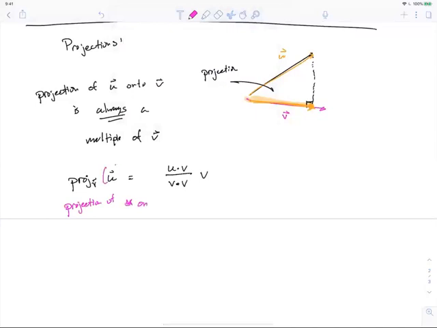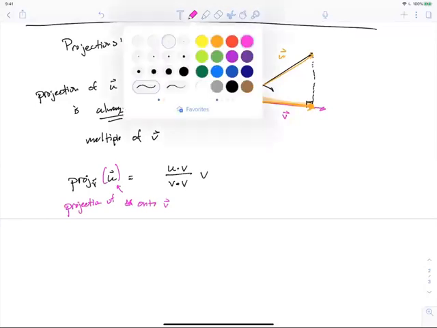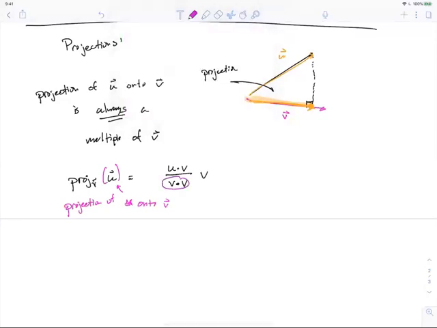So u is inside the function, so v is fixed. But I want to point out a couple things here. The first thing is that this bottom part here is in fact equal to the norm of v squared. So the dot product with itself is always going to give you the norm of v squared.